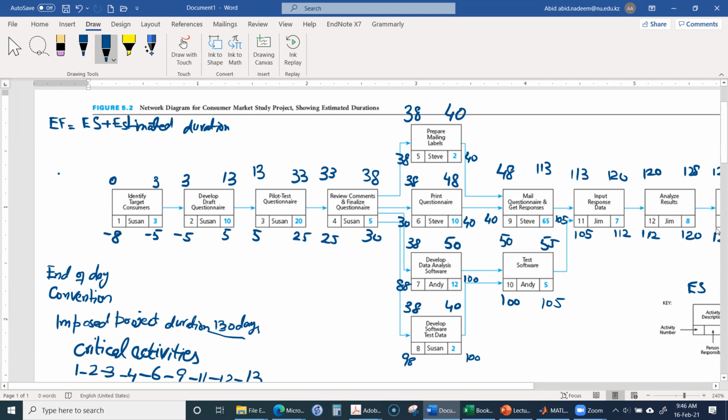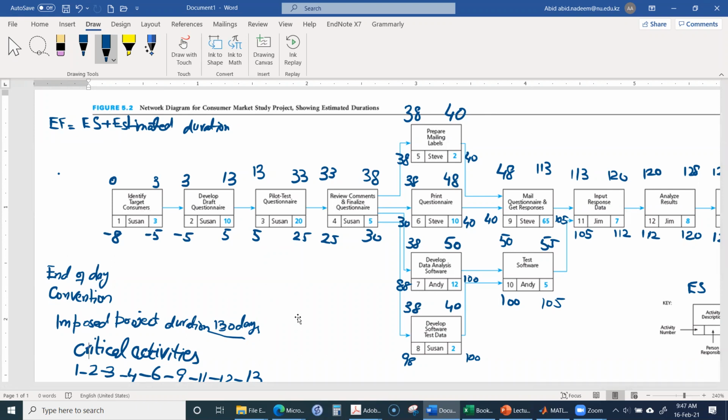So what we can do is start the project early, or we can reduce the duration of certain activities, so that the overall duration of the project may be reduced from 138 days to 130 days. In that case, we can start this first activity at the earlier agreed upon time.